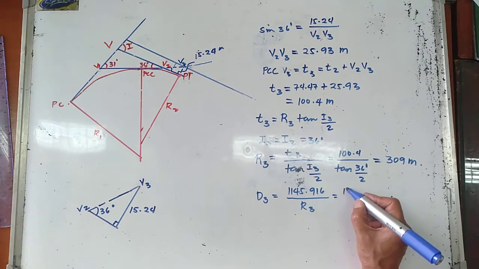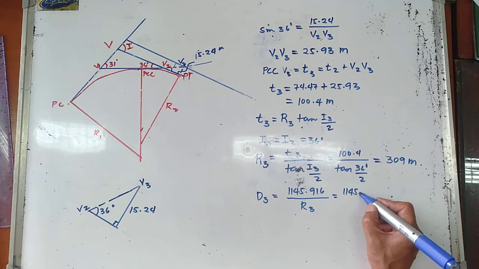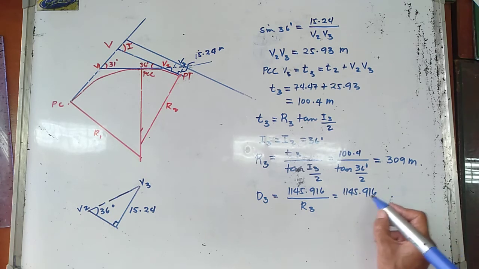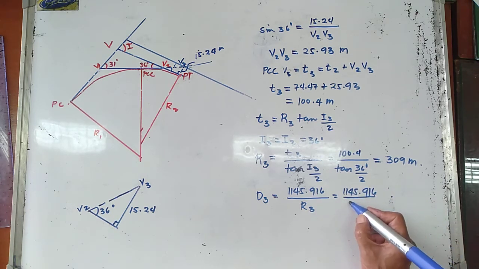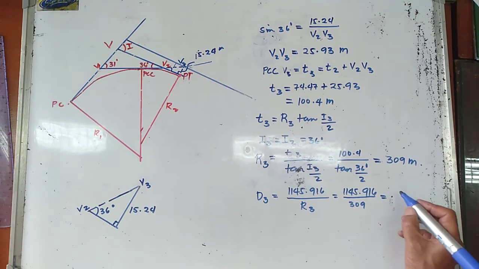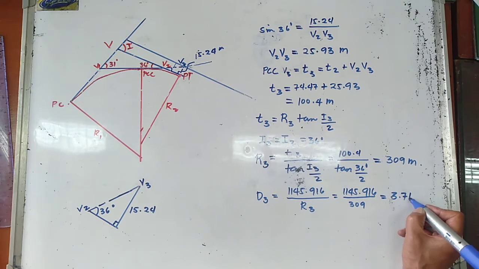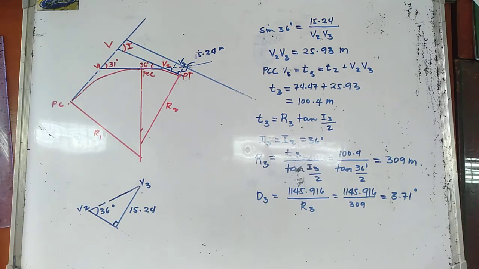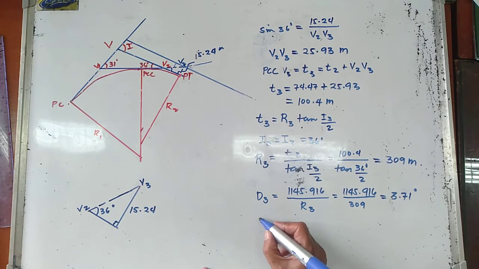That is 1145.916 all over 309. Hence, your D3 is 3.71 degrees.